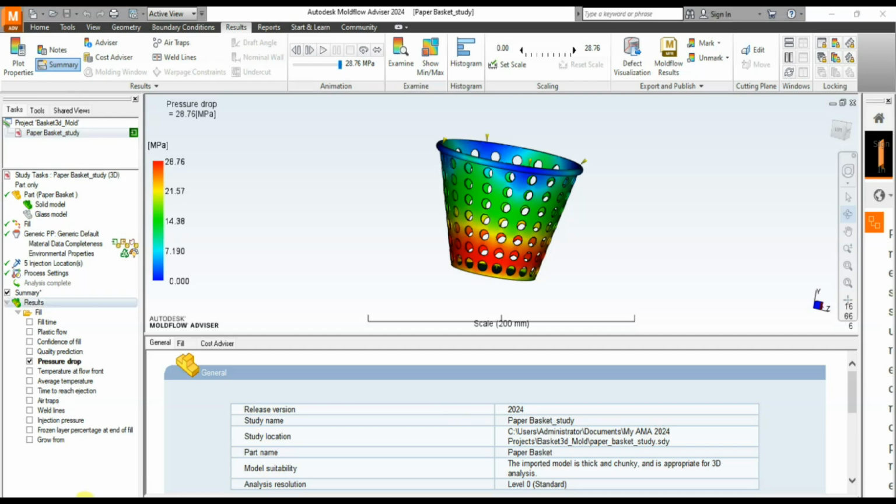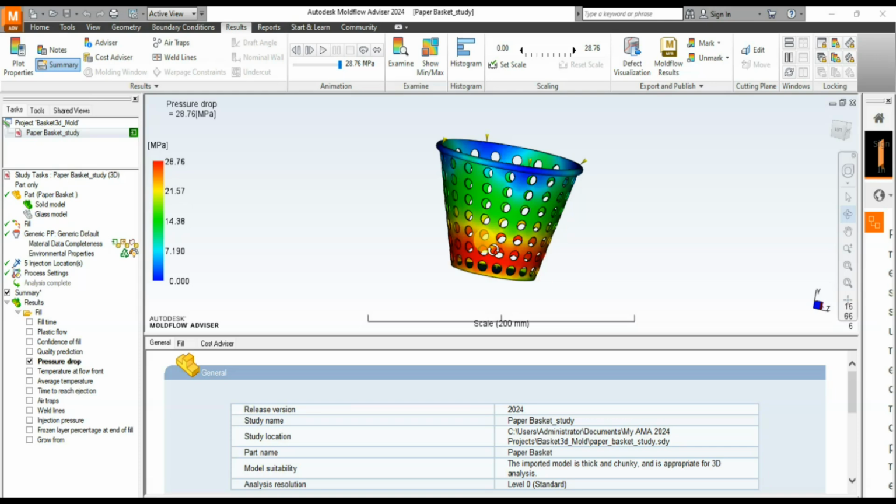Okay, so just right before that interruption, I was talking about the reddish part. Now this reddish part, like we've said, indicates that the pressure drop has reached 100% of the current pressure limit settings, and the confidence of fill result for this area is red.